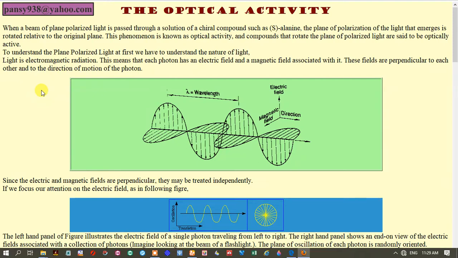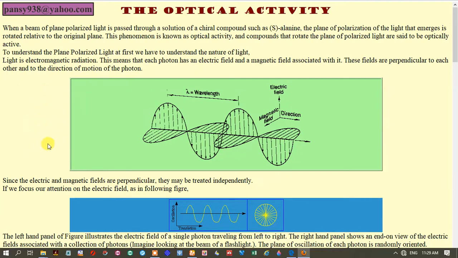To understand plane polarized light, at first we have to understand the nature of light. Light is actually electromagnetic radiation. It means that each photon has an electric field as well as a magnetic field associated with it.